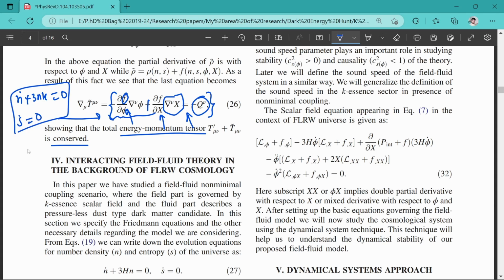It means that if f is independent of n, φ and x, it again becomes something like rho. So you are just adding rho plus f, where these quantities are the same, so it does not have any effect. So when will it have a contribution? When you have the whole thing like f(n, s, φ, x), which is now a very different quantity. Therefore it shows that now the total energy momentum tensor is conserved, not the individual energy momenta.